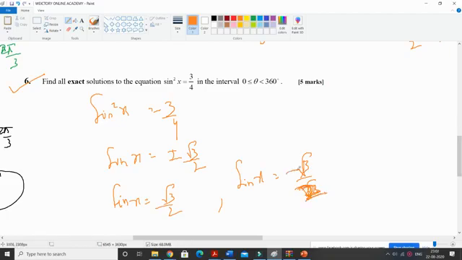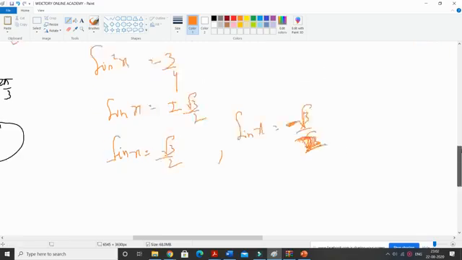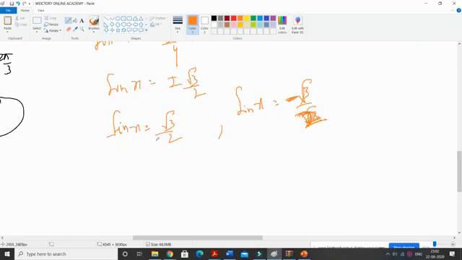Okay. So sin x is equal to root 3 over 2. This will give you answers in the first and the second quadrant. Root 3 over 2 you get at pi by 3. So one answer is pi over 3, another answer is pi minus pi over 3, which is 2 pi over 3.